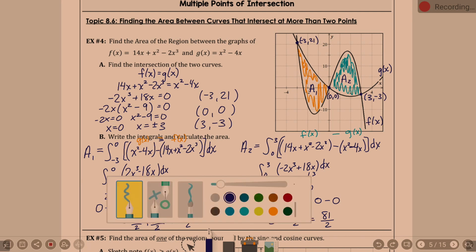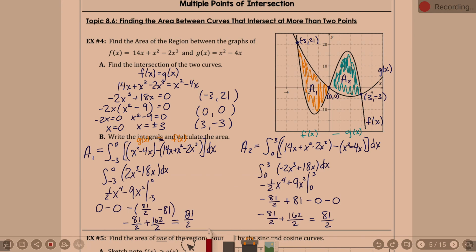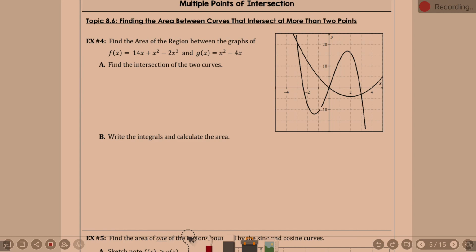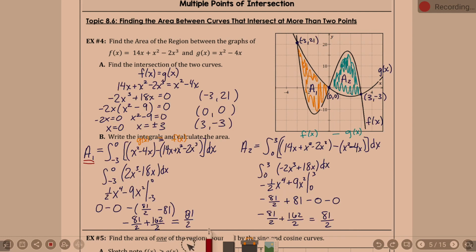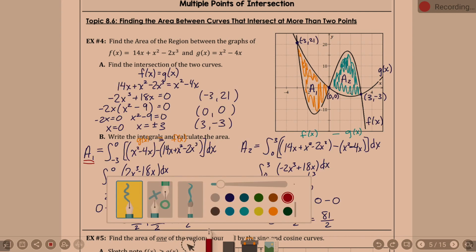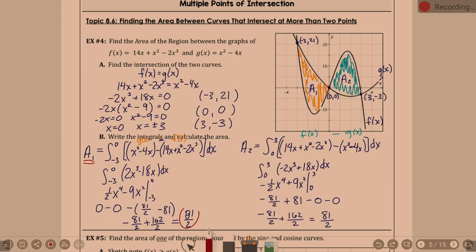Okay. So over here, we found A1 to be 81 halves. We found A2 to be 81 halves. What's my answer?